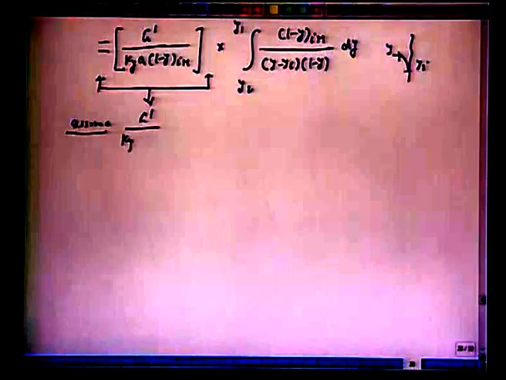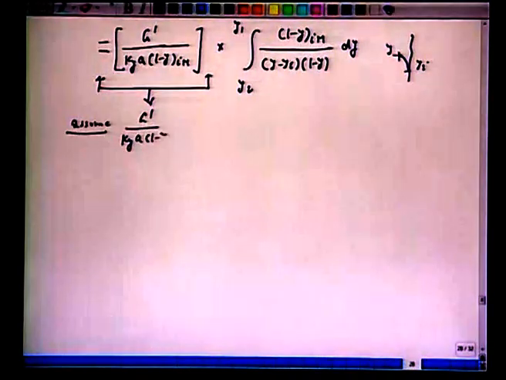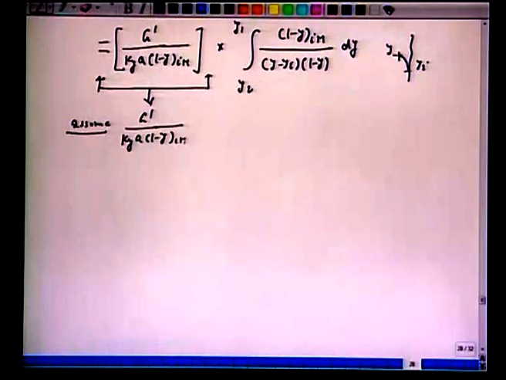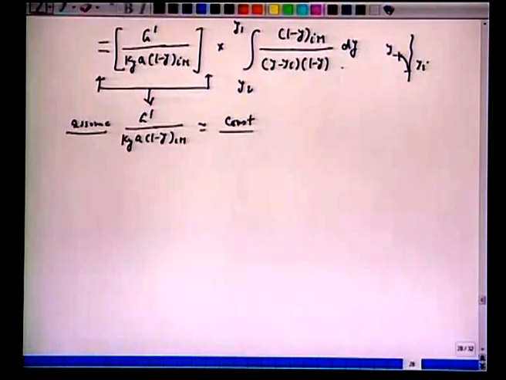The most important thing, make a note here, is that we have taken this quantity outside the integral. So, we assume that this quantity, G prime over K_y a (1 - y)_IM, is more or less constant. That is an experimental observation. It remains constant along the height of this column.